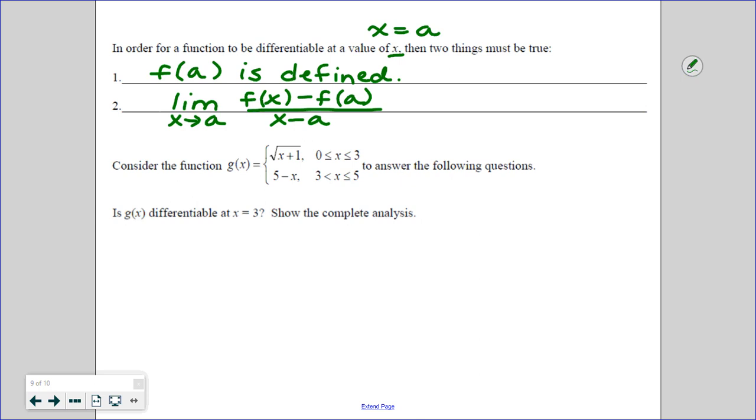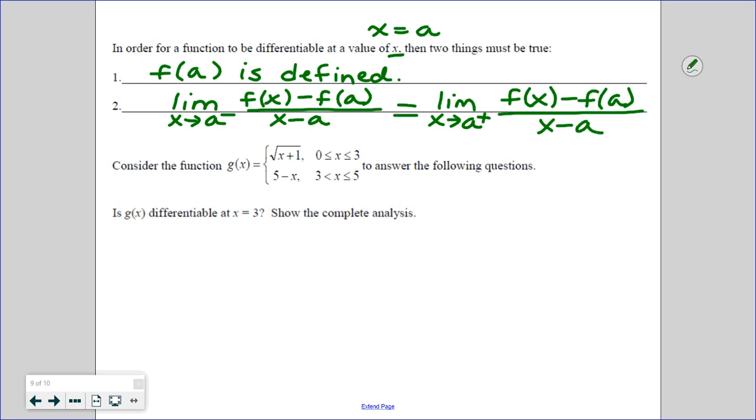I hope you're thinking your one-sided limits have to be equal. So the second thing that has to be true is that the limit as x approaches a from the left of f of x minus f of a all over x minus a has to equal the limit as x approaches a from the right of f of x minus f of a all over x minus a.